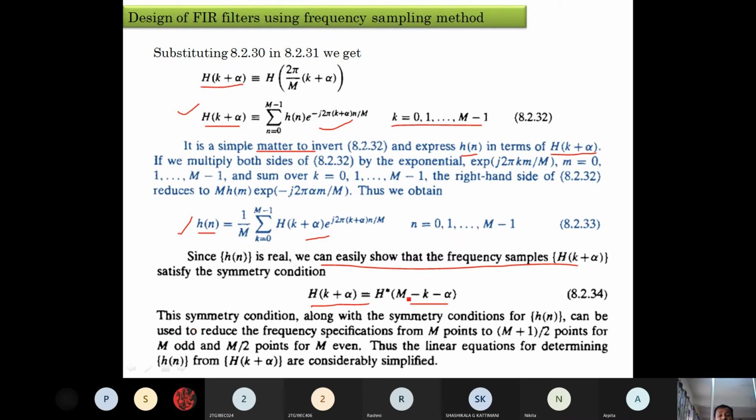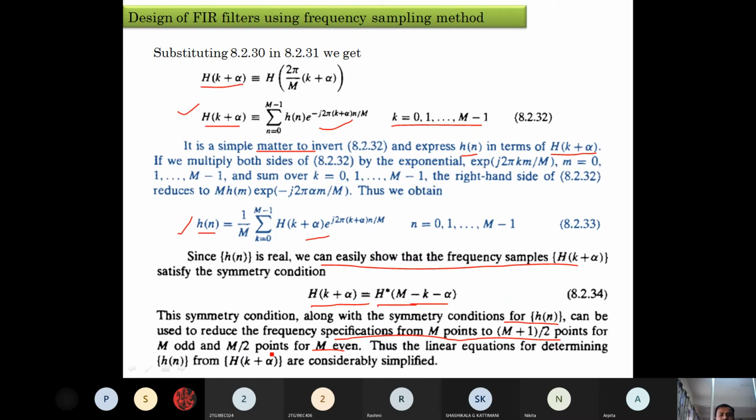Up to M it is H of k plus alpha, and after that, for every M elements, it is nothing but the complex conjugate of that element. So this symmetric condition, along with the symmetric condition of h of n, can be used to reduce the frequency specification from M points to M plus 1 by 2 points for M odd and M by 2 points for M even.